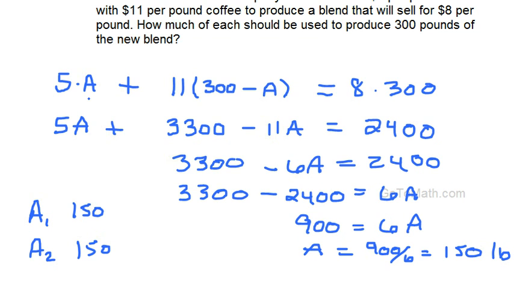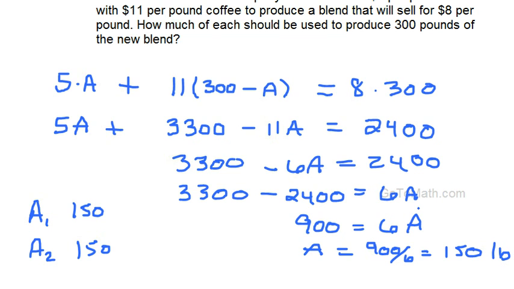So it's actually an even amount for the $5 pound and the $11 pound. You can always check this, make sure you did your algebra right. Let's just do that real quick. 5 times 150 plus 11 times 150, that gives us 2,400. Yep. So there you go.